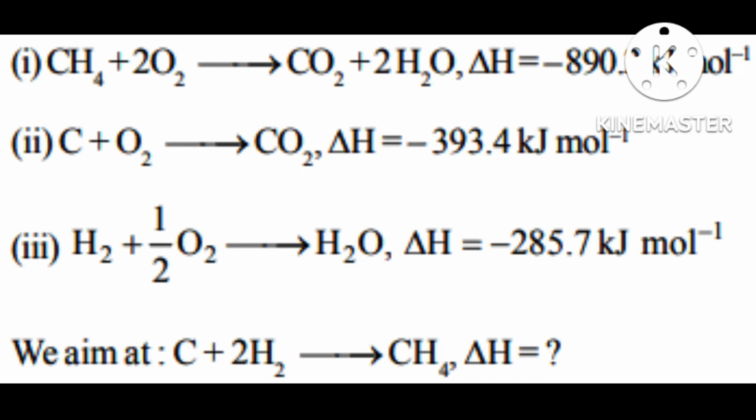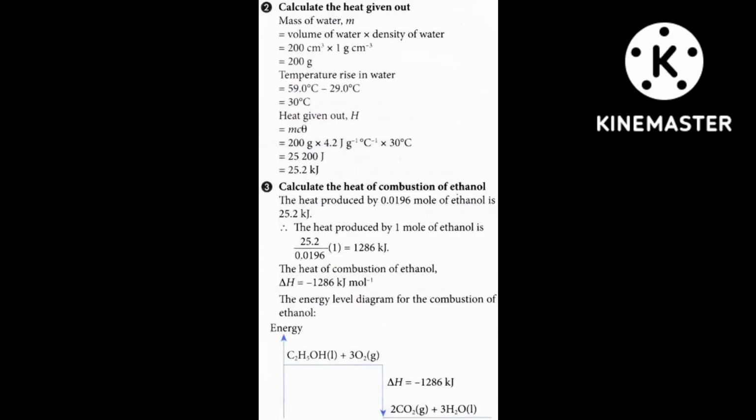The standard enthalpies of formation of CO2 and H2O are minus 393.5 kilojoule and minus 285.83 kilojoule per mole respectively, they have given. In the question they have given the standard enthalpy of formation of CO2 and of H2O also.